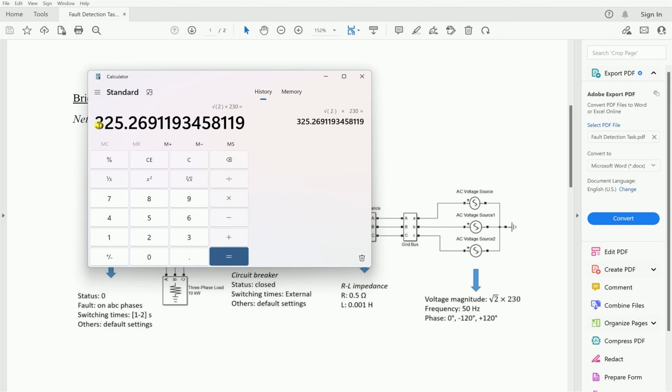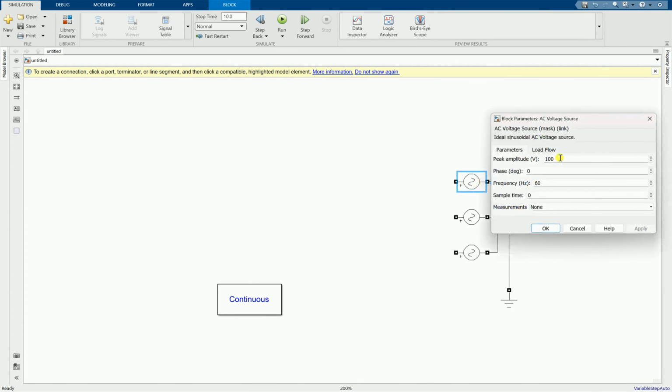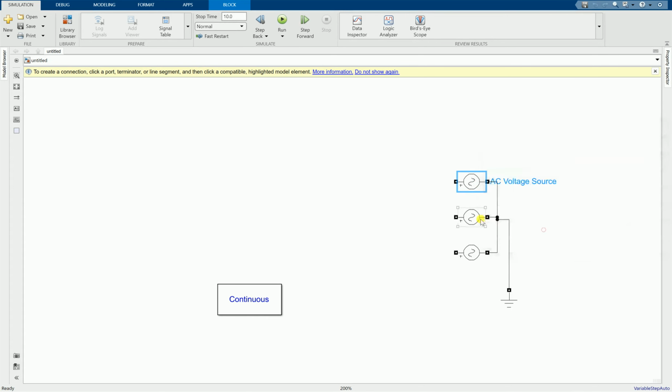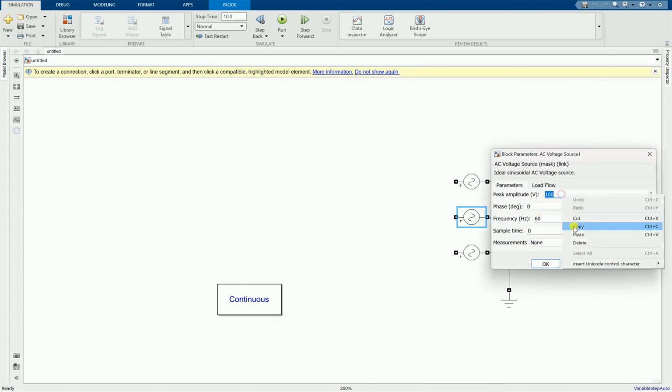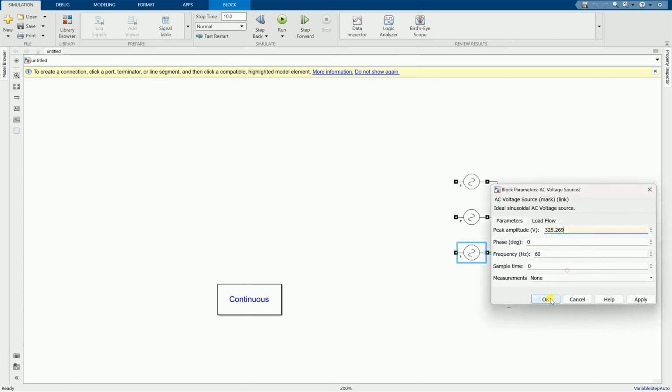It is 325.269. Copy it like this and go here. This is the peak value or the magnitude. Go here, paste, and okay.